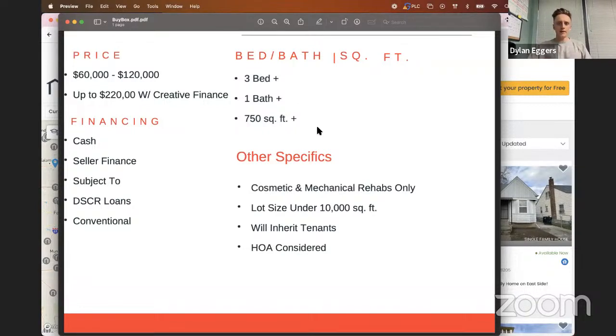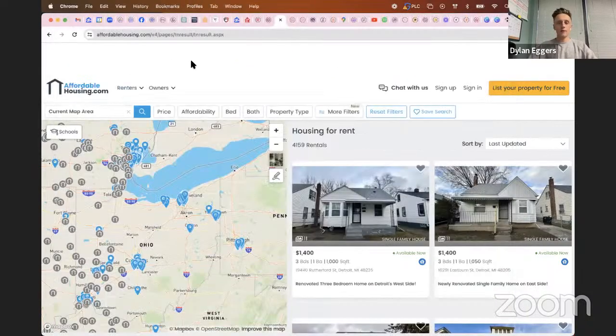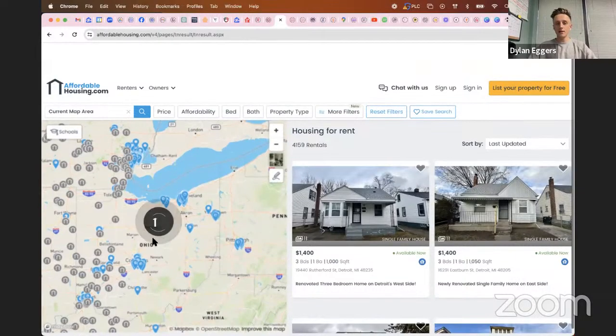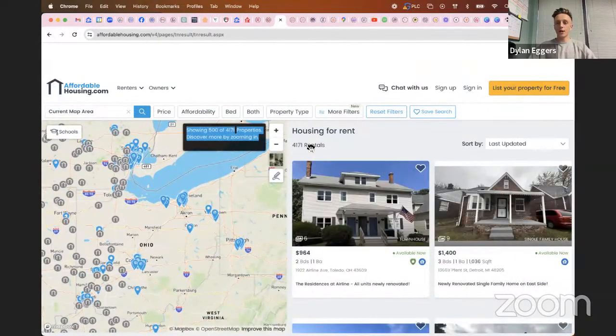Mike says, what does it take to get a house to qualify for Section 8? Let's see, John says you will need to get a checklist, make sure that you have those things in place, typically the normal good landlord stuff. Absolutely. So use that website I showed you, affordablehousing.com, and see if there is a need for Section 8, right?